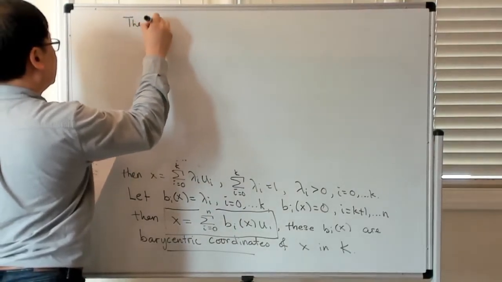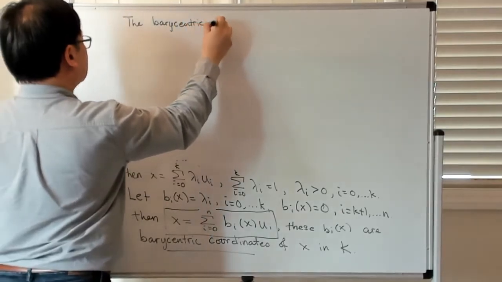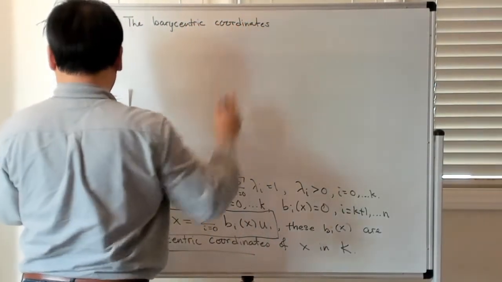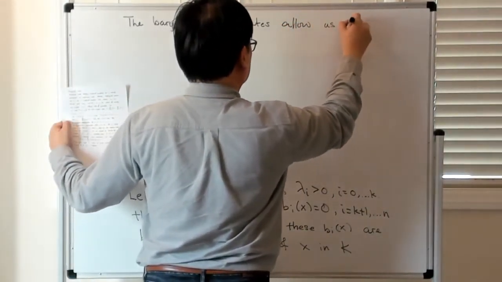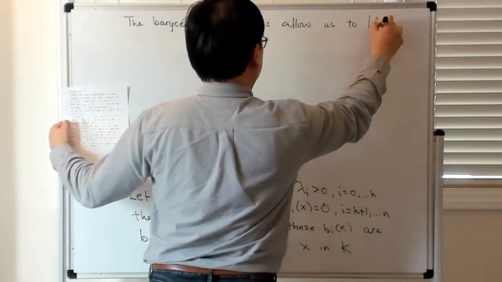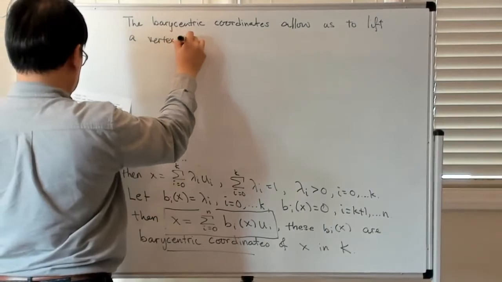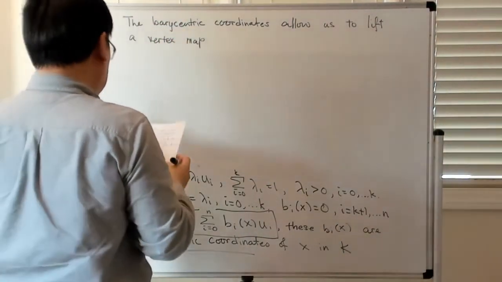So the barycentric coordinates allow us to lift a vertex map. Okay, so what is a vertex map?